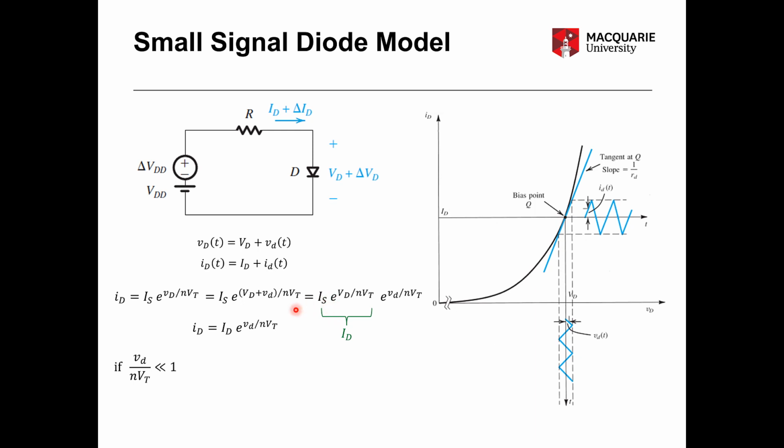So therefore, if we plug that in, we can simplify: our instantaneous current ID is going to be equal to the large signal ID times exponential of the small signal voltage over NVT. Now, if this part of the exponential term here is much less than 1, so if it's very small, and of course what we're implying here is that the small signal voltage VD is very small, then we can use the Taylor series approximation, which would state that e to the x is approximately equal to 1 plus x.